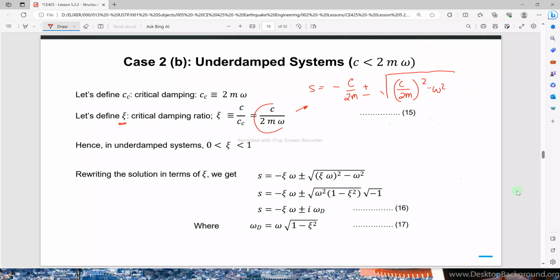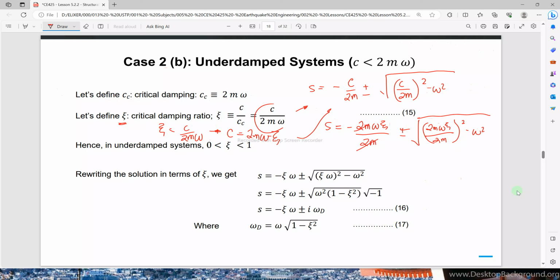We know that the damping ratio is equal to c over 2m omega, and therefore our c is 2m omega xi. If we apply the value of c here, we will have s is equal to negative 2m omega xi over 2m plus or minus the square root of 2m omega xi over 2m squared minus omega squared.